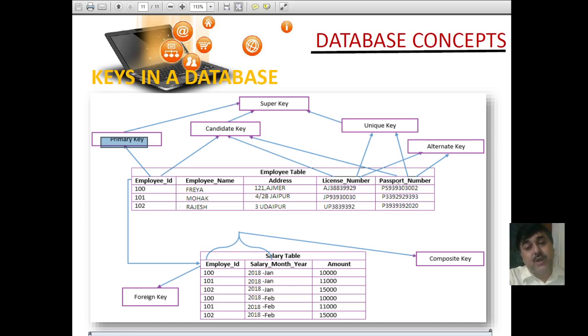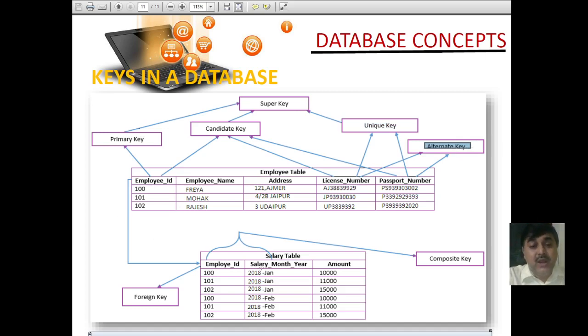The passport number also can be the primary key. So those things form your candidate keys. When you take a candidate key, this license number and unique number, they form a unique key, and they are also treated as alternate keys.